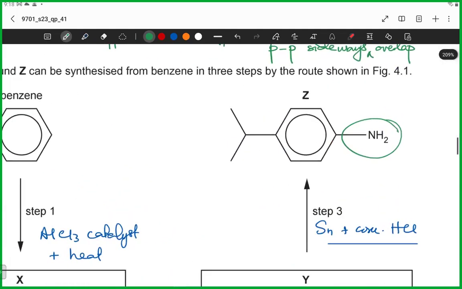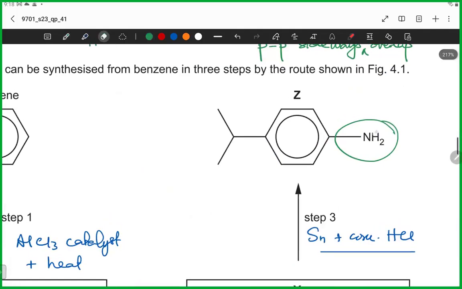Z is this one. So how many different environments would this have? This is one. These two are exactly the same, so they're going to resonate together. So that's the second peak. These two are also exactly the same, so that's going to be your third peak. This is different, so that's your fourth peak.